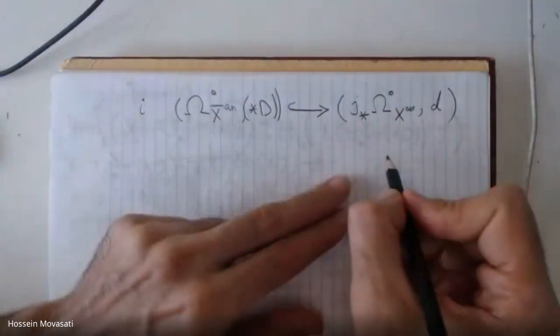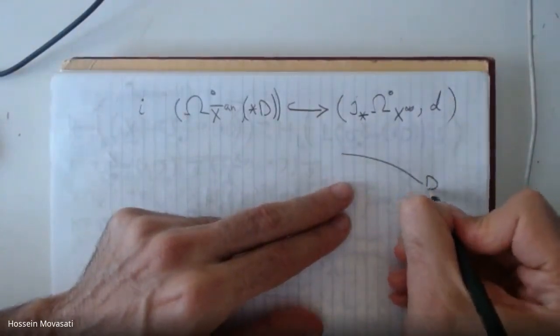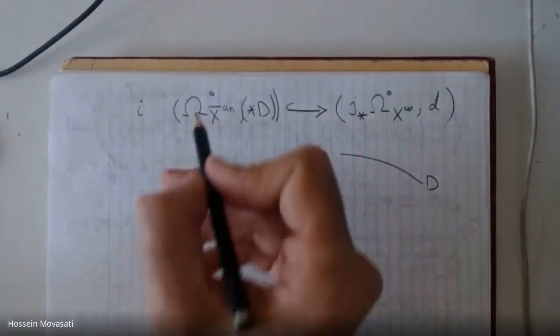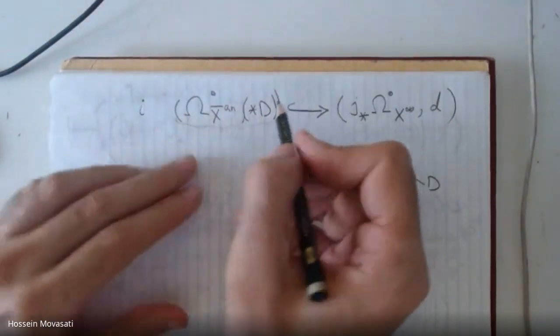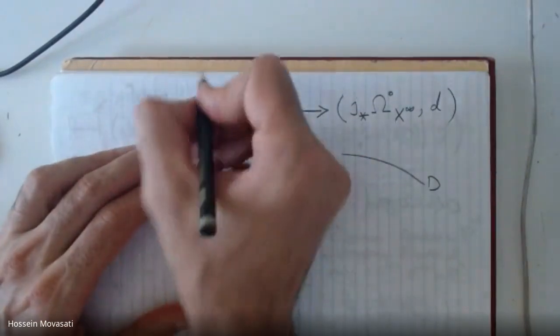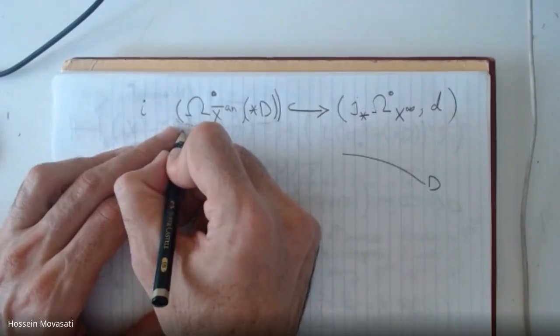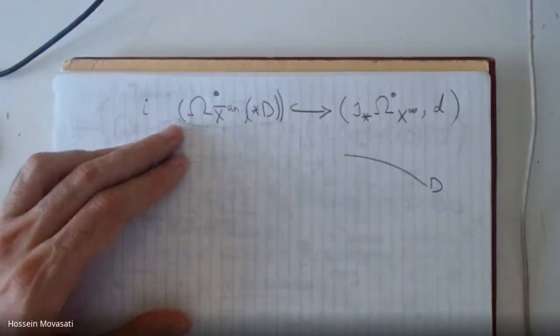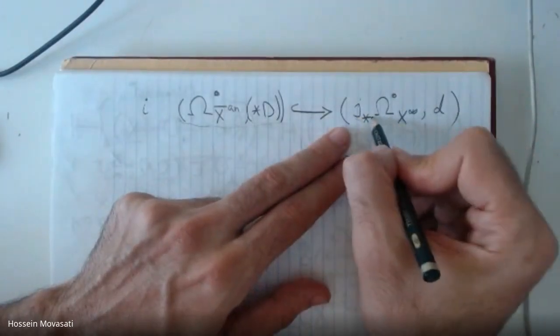So let me remember again what we are doing. So far I talked about this complex. When I write bullet, it is the complex, and I need also this complex in a similar way as the other one that I introduced.